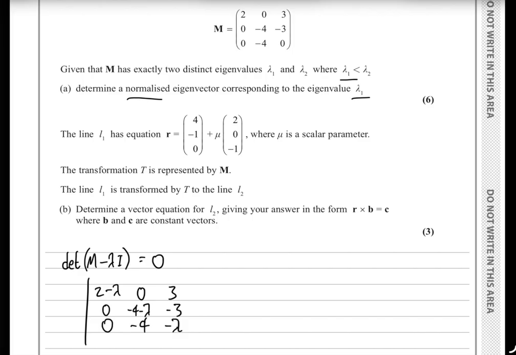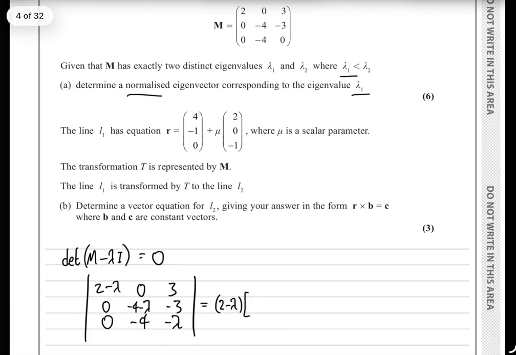The determinant of this, the first element multiplied by its minor, which is a minus 4 minus lambda times minus lambda. If I quickly factorize that minus there, we see that all of these become positive. So we get lambda times 4 plus lambda, minus 3 times minus 4. And then the second term is 0, because the second element of the top row is 0.